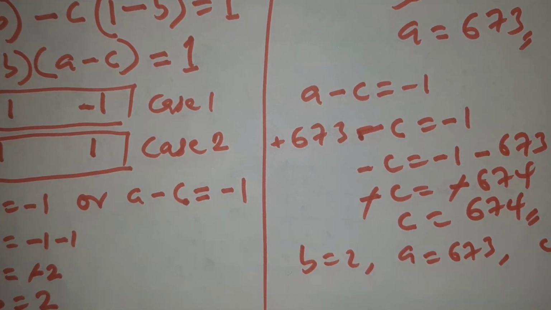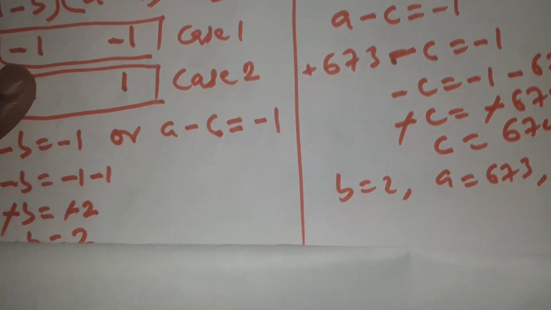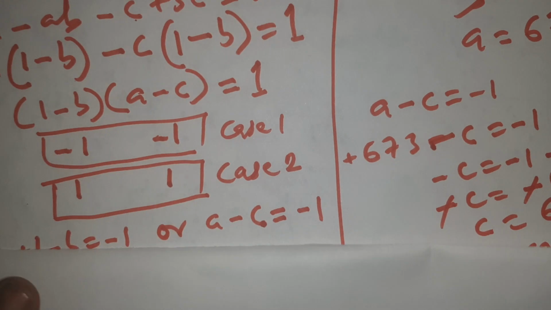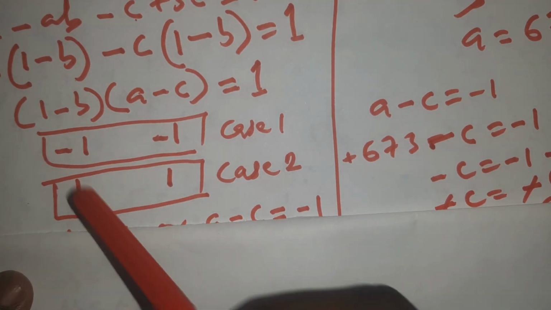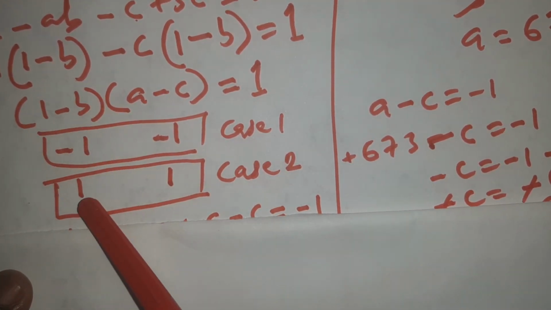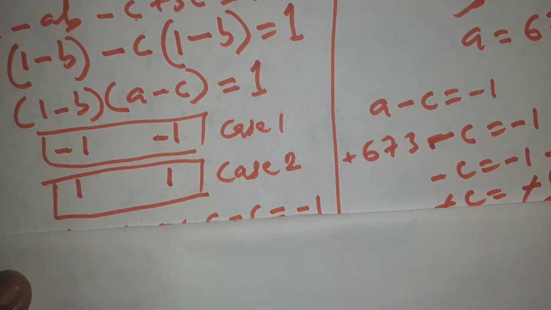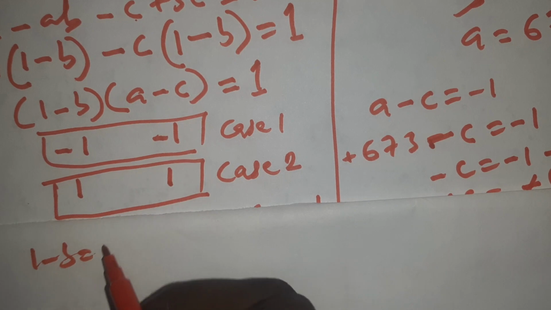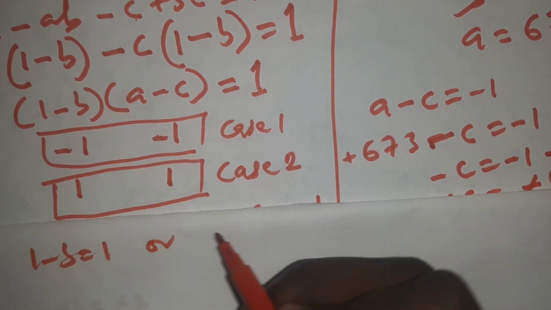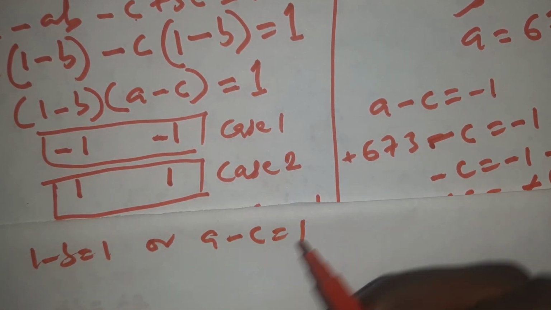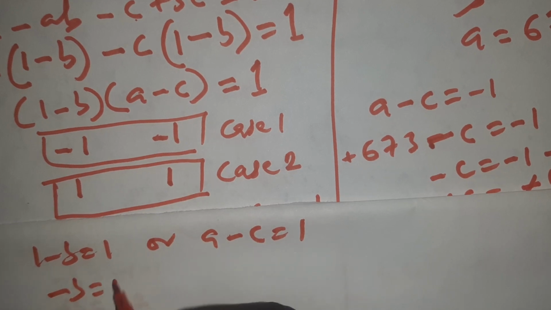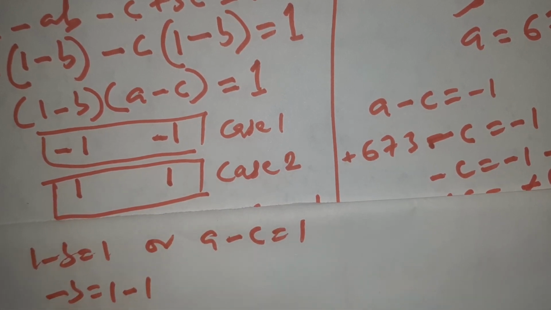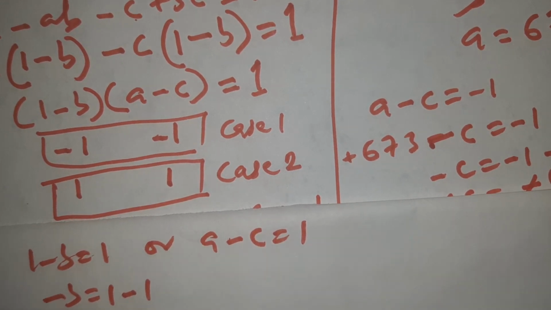Then for case 2, we might have something different. Let's go back to this one. For case 2, we say 1 minus B equals 1, and A minus C equals 1. So we now have minus B equals 1 minus 1, so minus B equals 0.